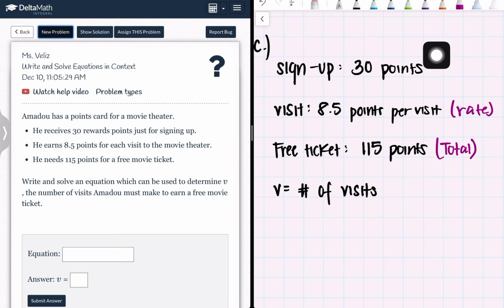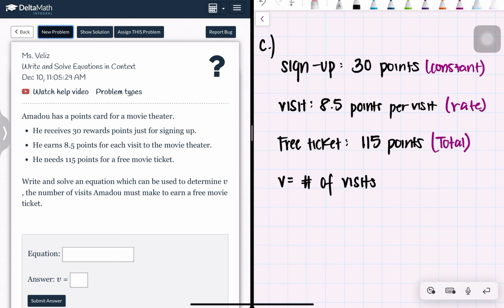Therefore, the 30, which is a number that's already given to us regardless if we go or not, is going to be our constant because that one's not going to change. So let's create the equation. 115 is equal to 8.5x, or V, plus 30.